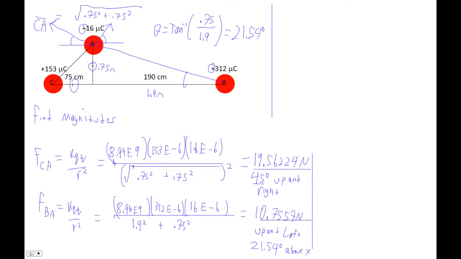This one is up and left, 21.54 degrees. This one's up and right, 45 degrees above the x-axis. So now let's just set up our components. We've got FCA, and we want to figure out what it is. We got this.